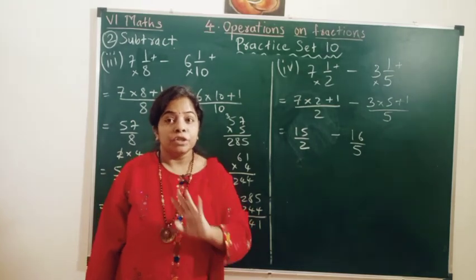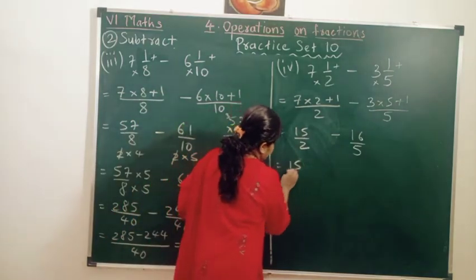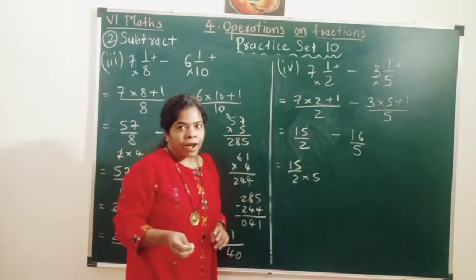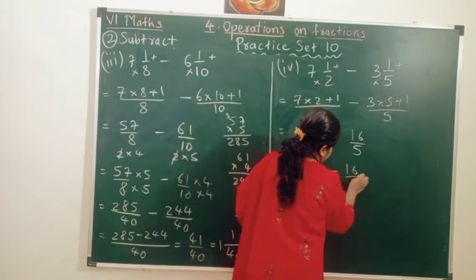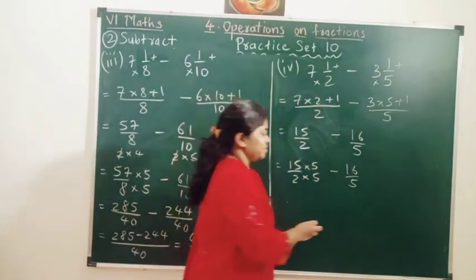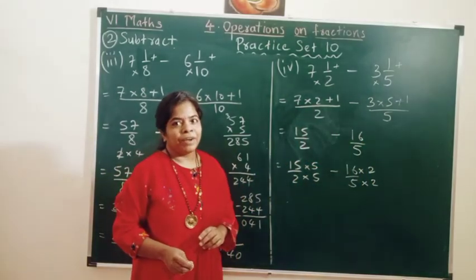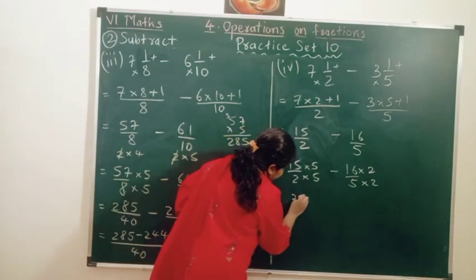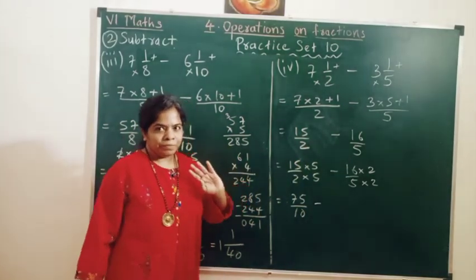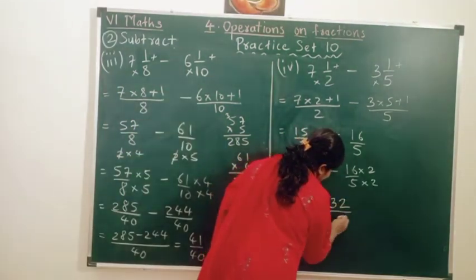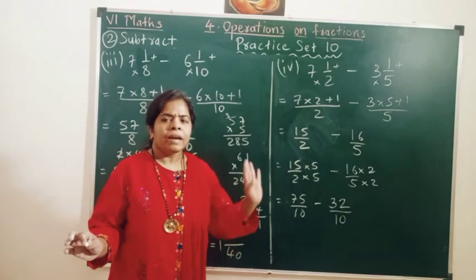Answer for both questions is no. So we are going to cross multiply them. 2 into 5, the same up also, and 5 into 2. 15 into 5, 75. 2 5s are 10, we know. 16 into 2, 32. Upon 10. Now let's take a common denominator and subtract them.